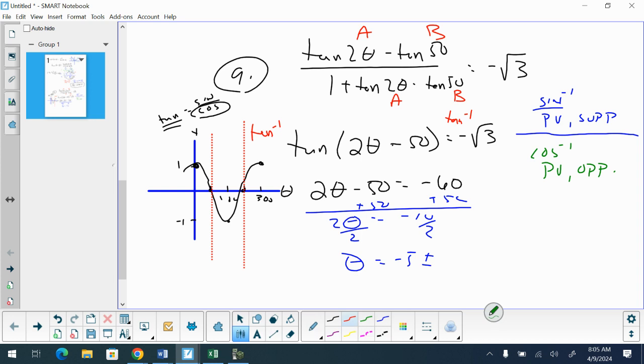Then when we look at our graph, tangent was upper right to lower left. Well, if I take a look at another asymptote in here, we would have that at negative 90. And this is our graph of our tangents.